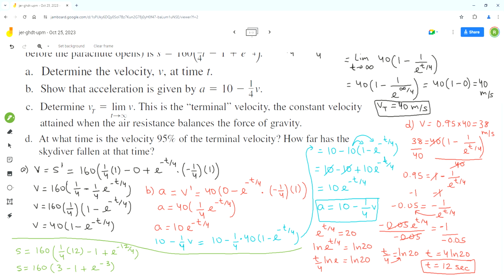Now we can simplify it further. So s equals 160, and in the parentheses, 3 minus 1 is 2, and 2 plus e to the power negative 3 is equal to 2.04978.